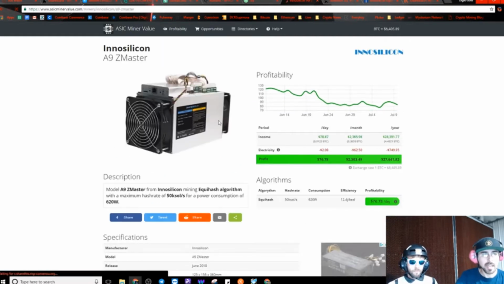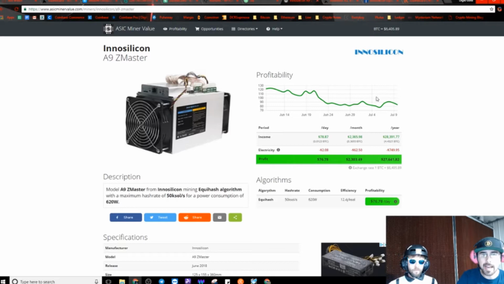This is the Silicon A9Z Master. So basically, depending on your electric, you're getting probably $70 a day currently, current value. Wow. Obviously, this is going to fluctuate, but you're looking at a yearly ROI of nearly $27,000 on a $5,000 machine. So within 6 months, we could possibly pay this off.